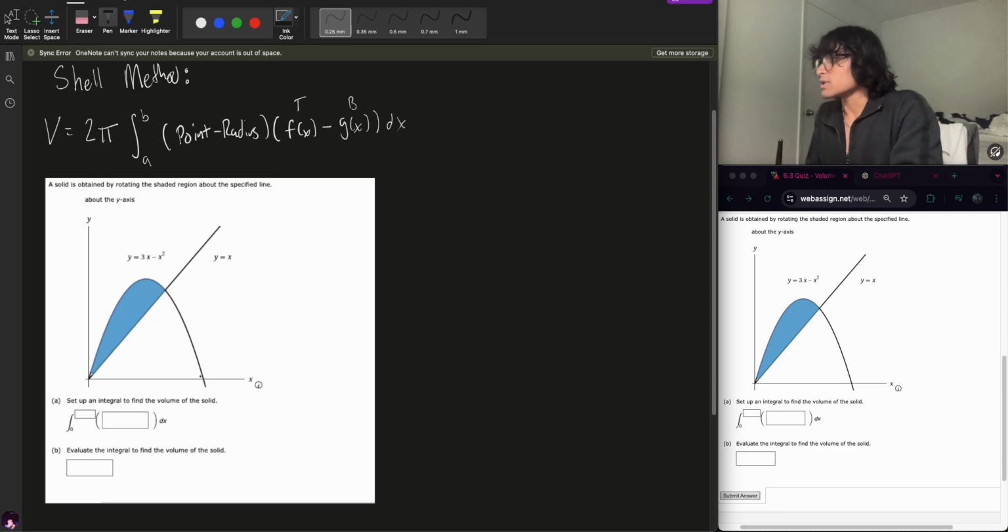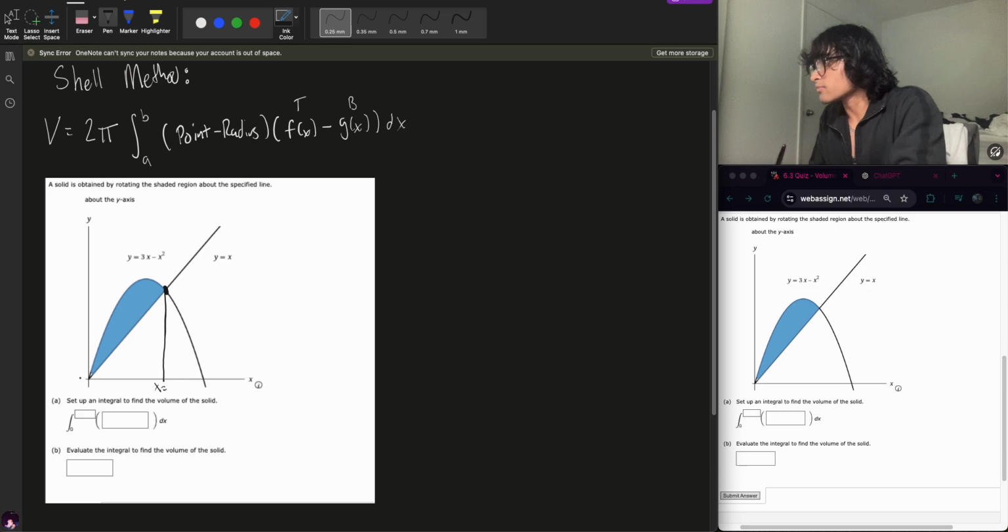This is an unlabeled graph and we don't know the bounds. To find the bounds, since we're rotating about the y-axis and it's going to be in terms of dx, we want to set these two functions equal to each other to find where they intersect, so that we can find that x value.